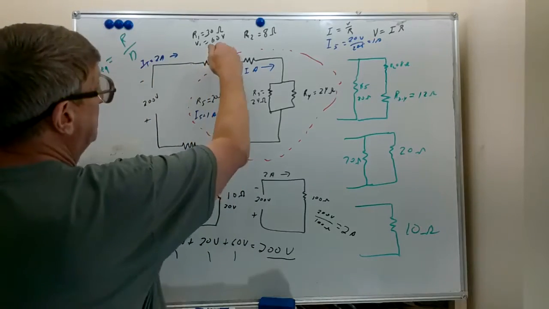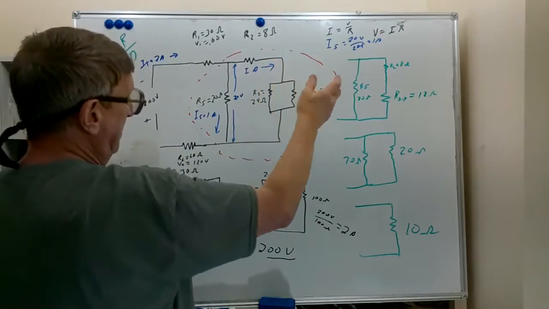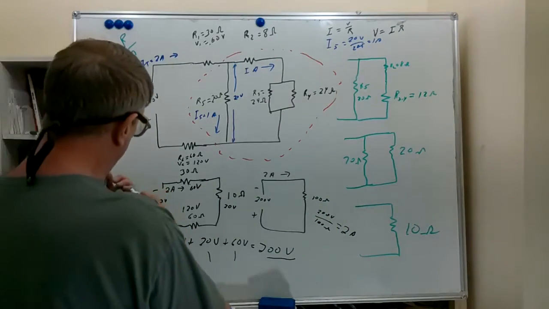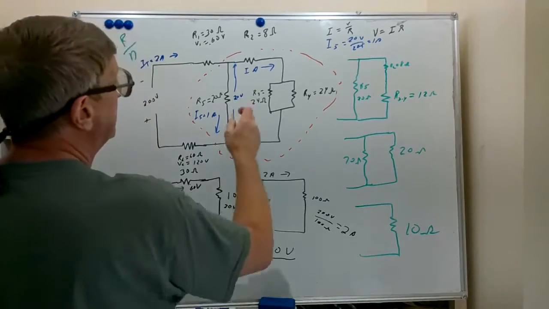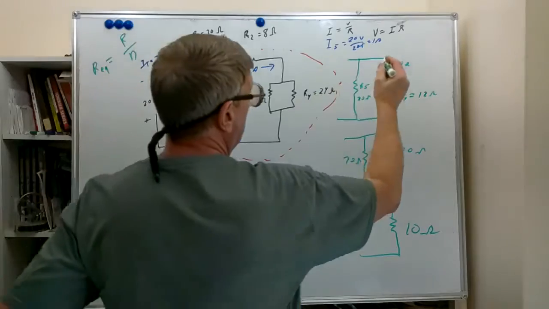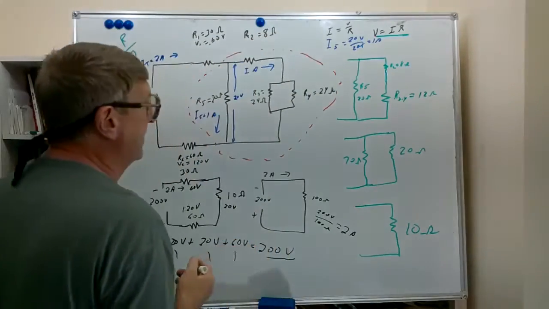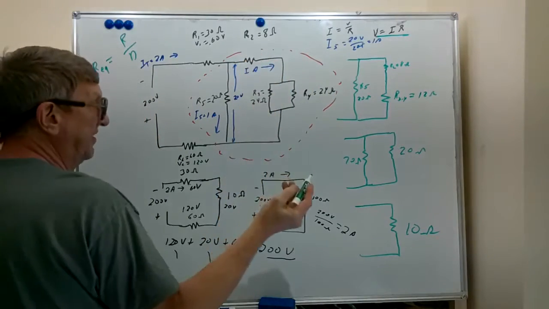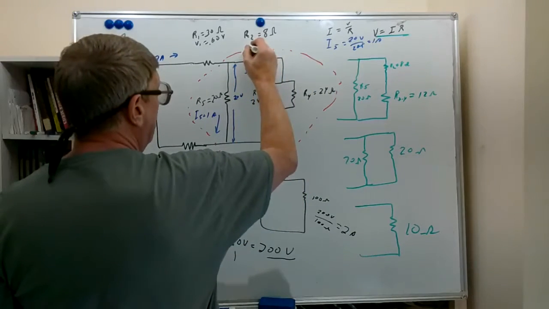We have 2 amps flowing in, 1 amp in this branch, 1 amp in that branch. We use the summation of currents type calculations. But now that we know the current through the 8 ohm resistor, we've got one more formula. We've used this one quite a bit. Voltage equals I times R. 1 amp times 8 ohms, that's 8. So we end up with 8 volts here.